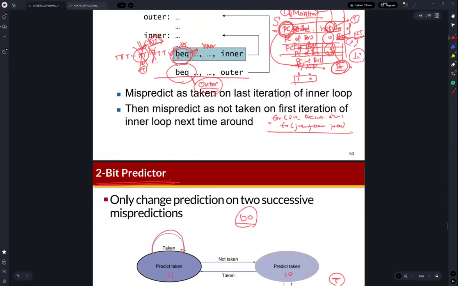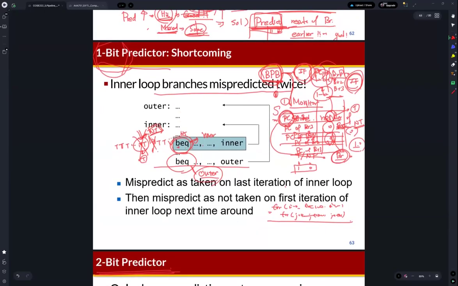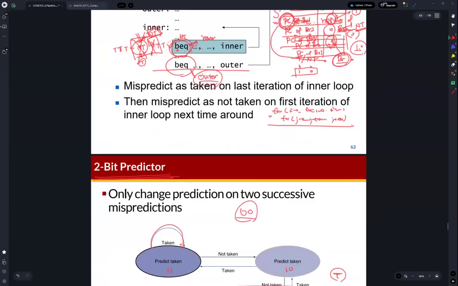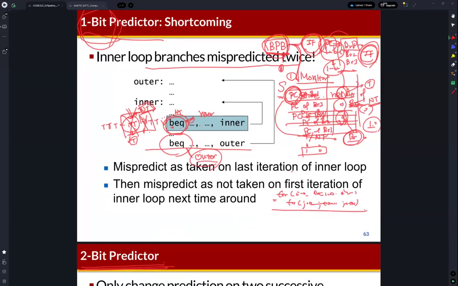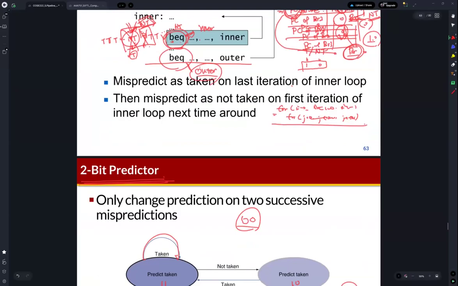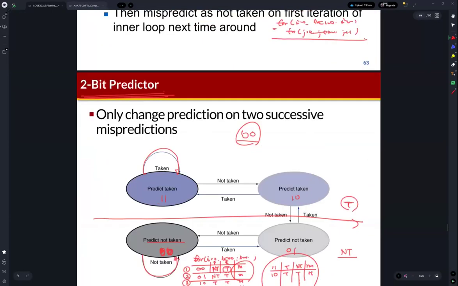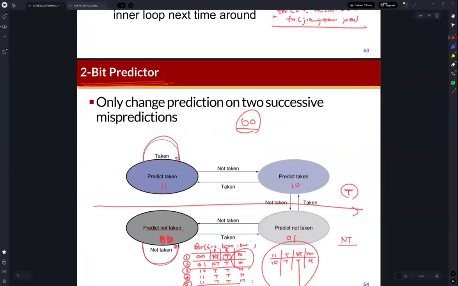So for the nested loop, in this case, if we use the two-bit predictor, then we can improve the hit rate of the branch predictor. So, in the two-bit branch predictor, for each PC, each entry includes the 2 bits.